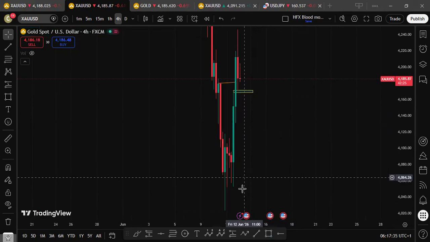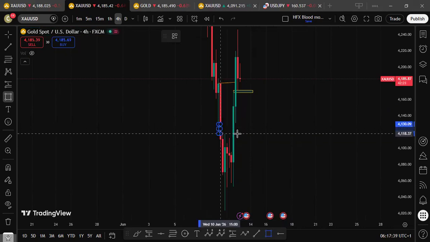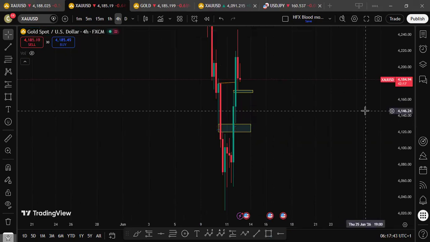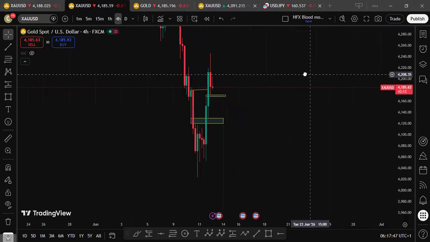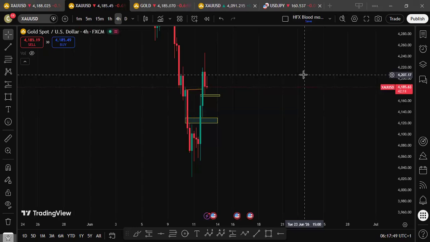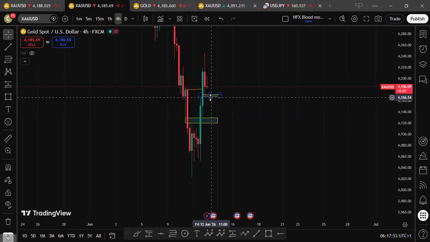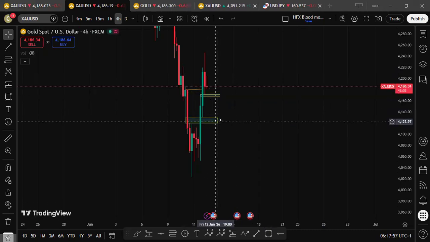Then we also have a very large one down here. Of course, this is like an inverse FVG anyway. So this is also a very strong point. So my bias basically right now, maybe for today, is that this guy is going to drop. If not here, this area is very strong, so we might tap into this area.